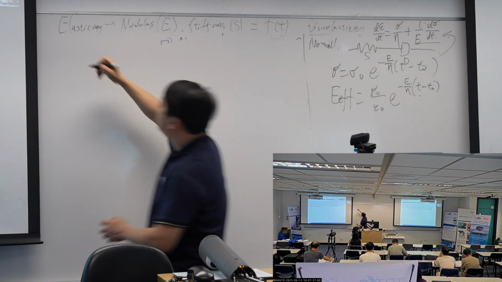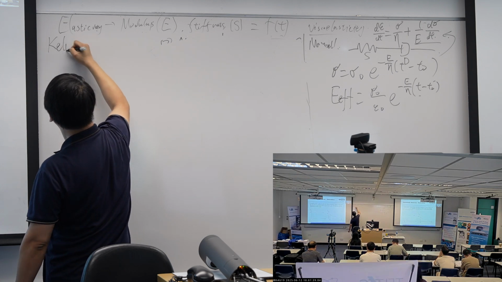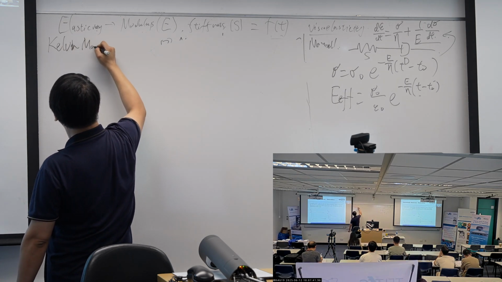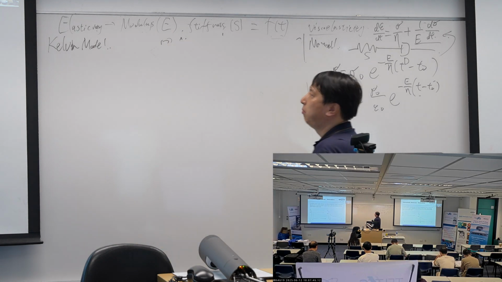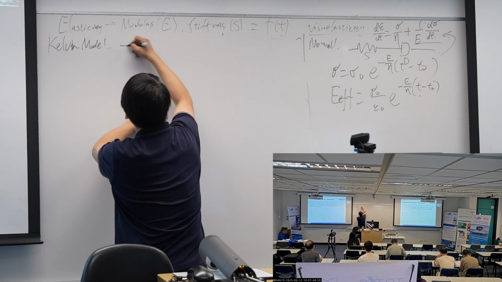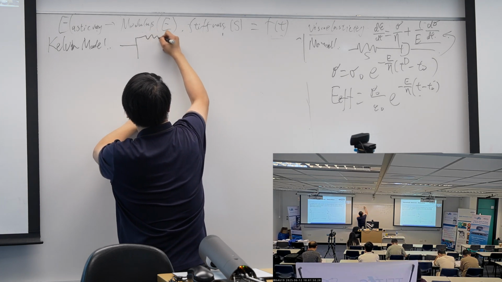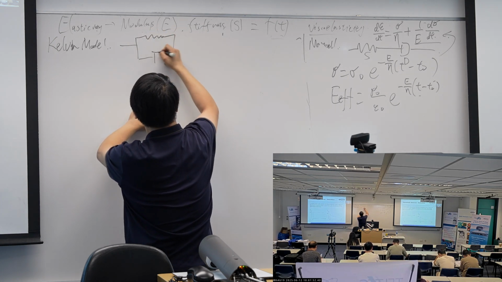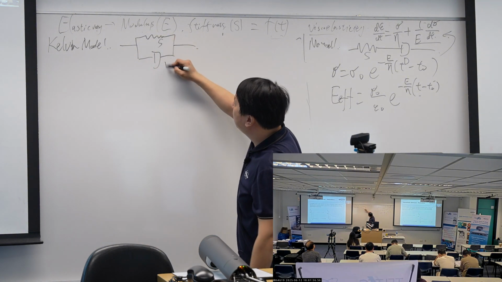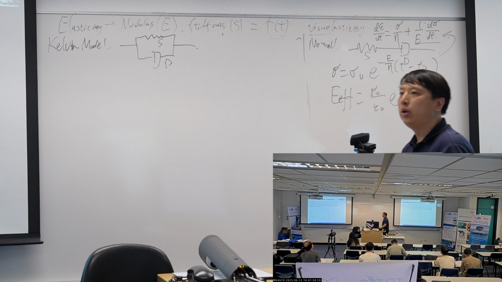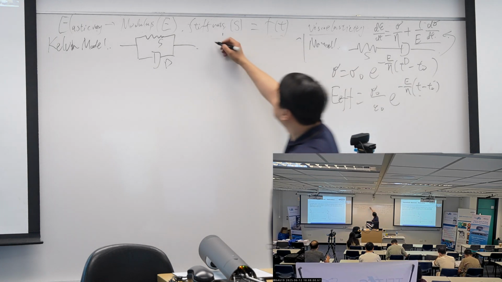Now we can go to the Kelvin model. The Kelvin model is the parallel model. So it's a spring combined with a damper. So we're actually adding force.